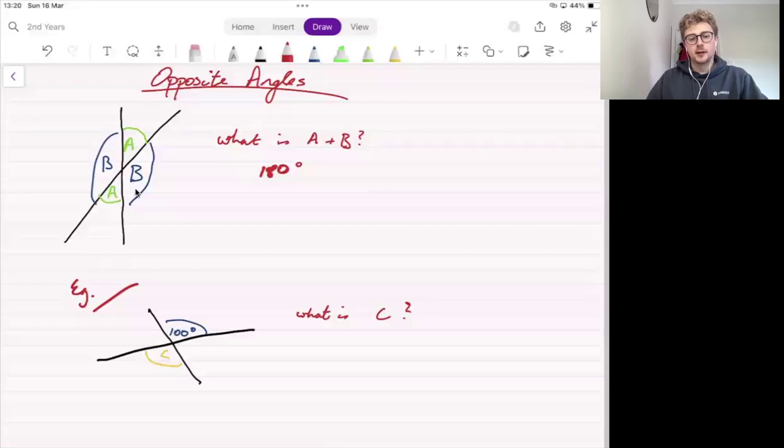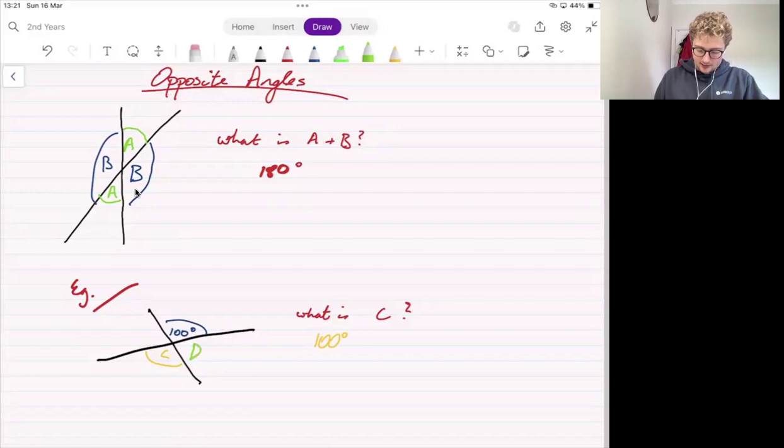They're equal. So C is 100 degrees. The next thing I want you to tell me is what is the size of the angle D? What is the size of the angle D?